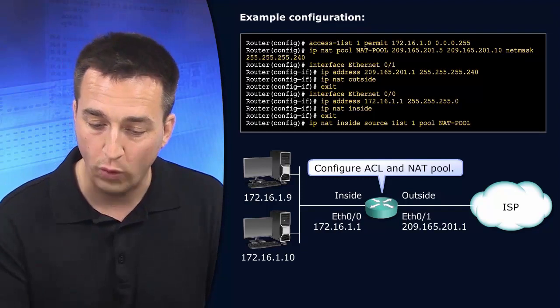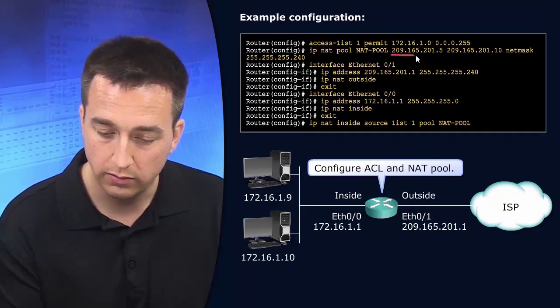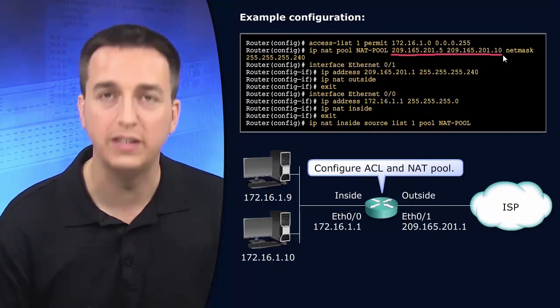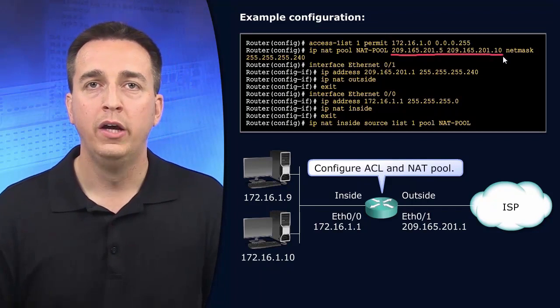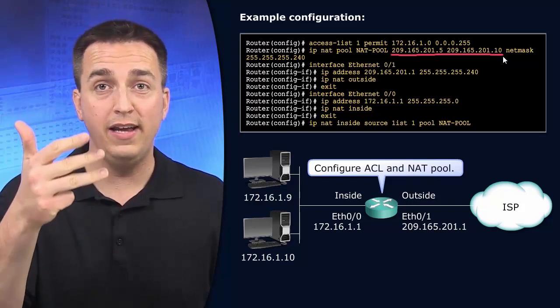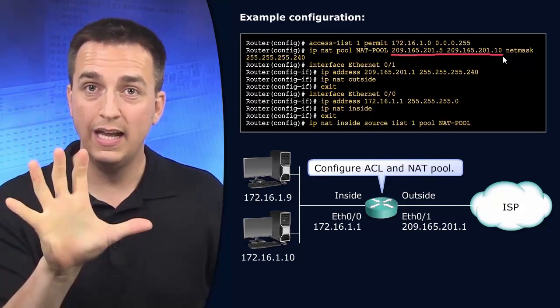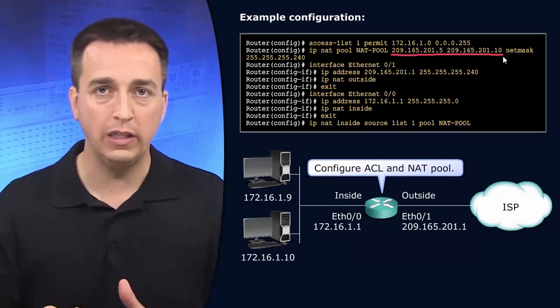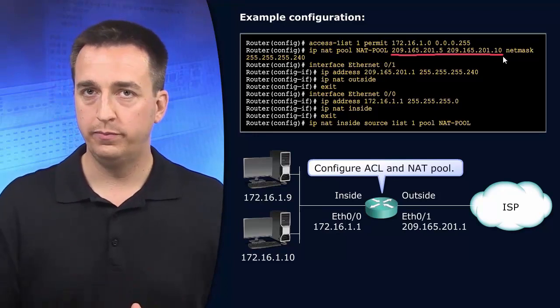So this is a range of values that is being specified, .5 through .10. So we have .5, .6, .7, .8, .9, .10. We have 6 addresses here that are being utilized in the pool for dynamic NAT.